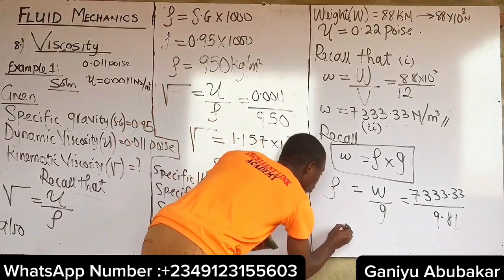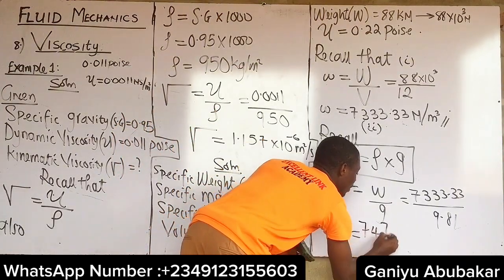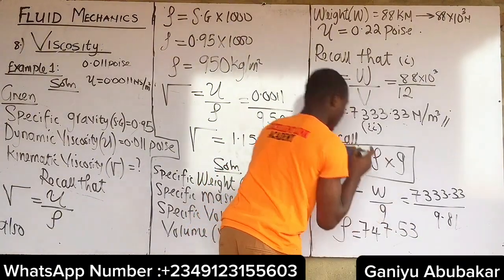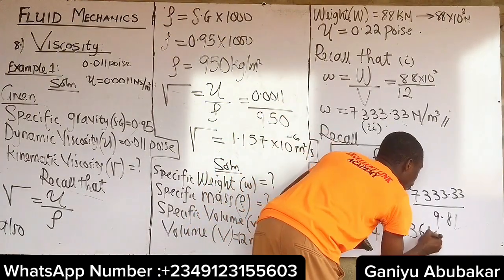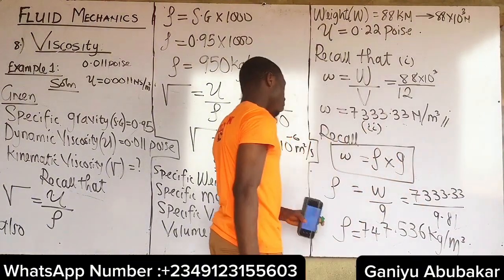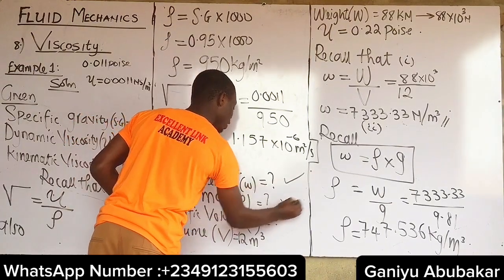So I have that my rho, mass density, is equal to 747.536 kilogram per meter cube as my SI unit for mass density, that's rho.